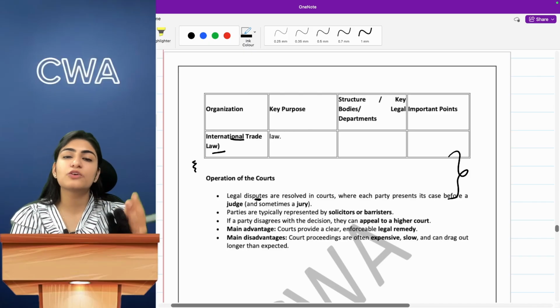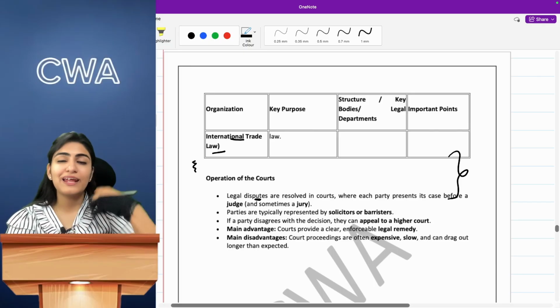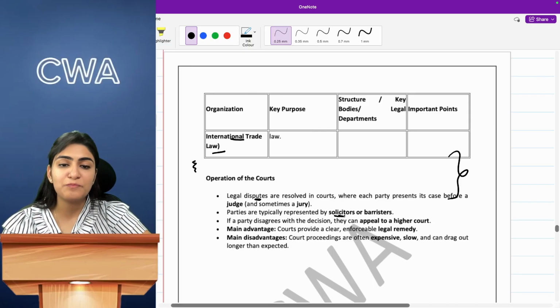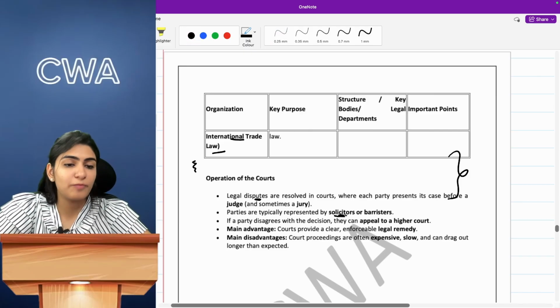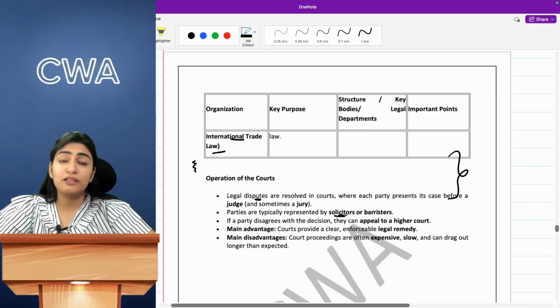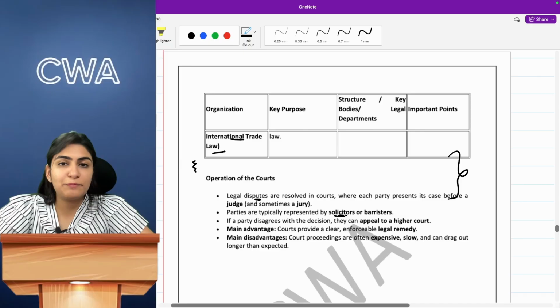So a court is basically a place where a judge is there and two people resolve their disputes. Parties are typically represented by solicitors or barristers, meaning when you as an individual go to court, you cannot represent yourself. You need a solicitor to represent you.